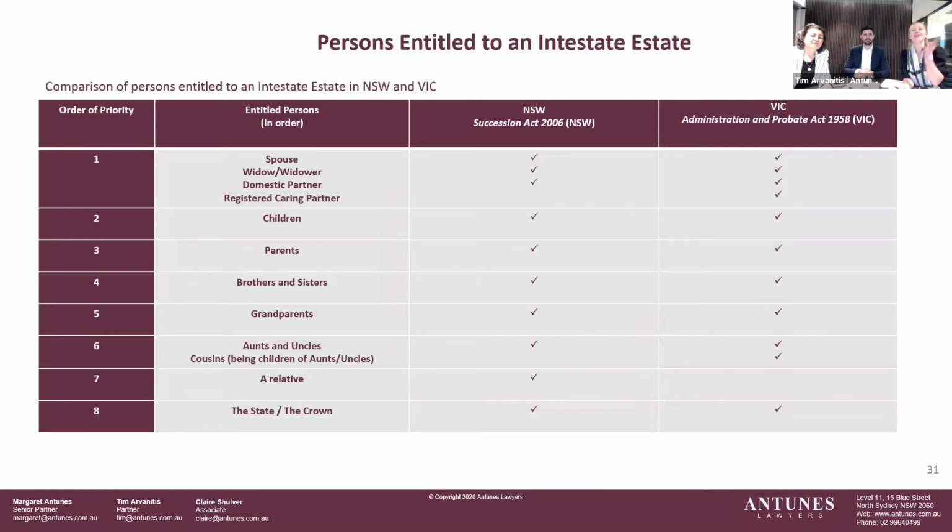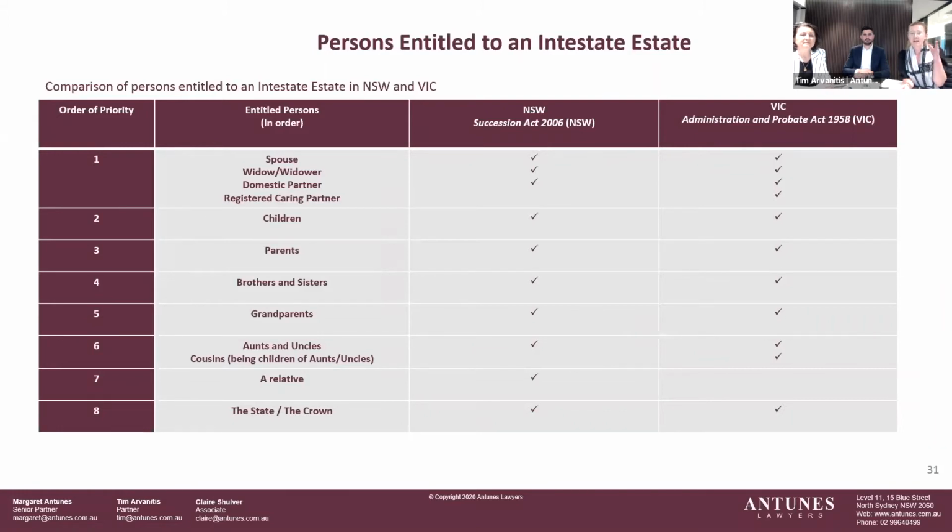No will, you're stuck with the intestacy laws. If you look at the table on the slide here, you will see the order of priority, and we've listed it from 1 to 8 because it is in priority. For instance, in number 1, the person who's going to receive your entire estate will be your spouse, widow, domestic partner, or a registered caring partner in Victoria.